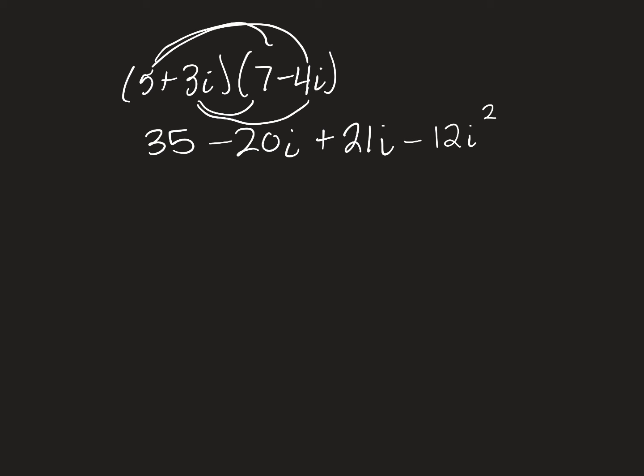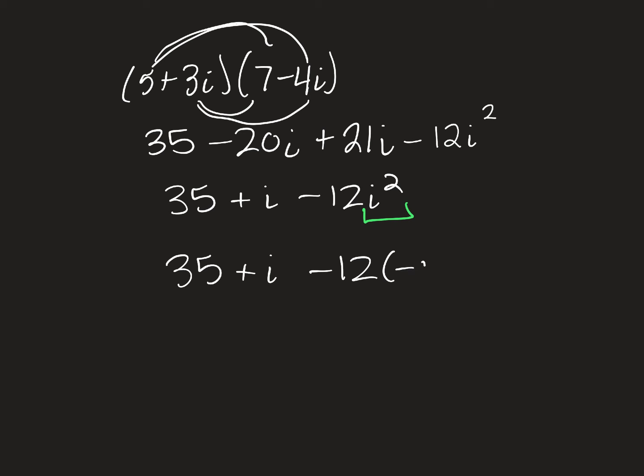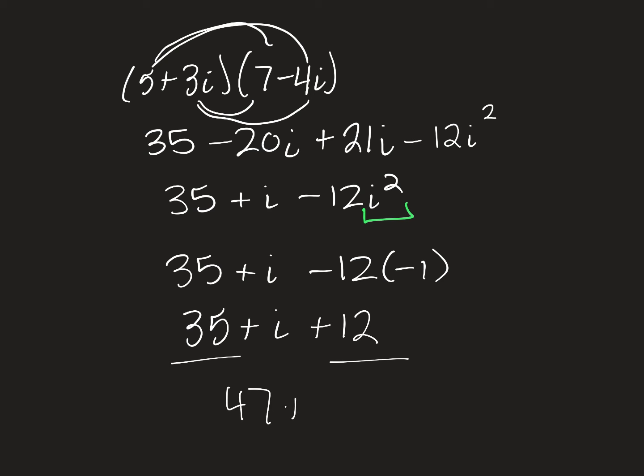So combine the two in the middle, which gives you a plus i. So remember that i squared is -1. So we're doing minus 12 times -1, which makes that a plus 12. And then combine your 35 and 12 to get 47 plus i. And remember that your number without i goes first, the number with i goes second.